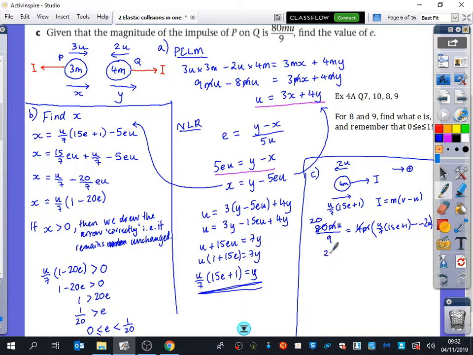So I've now got 20 over 9u equals this thing in the brackets that we have here. So when I expand that, I get 15 over 7 eu plus u over 7 plus 2u.